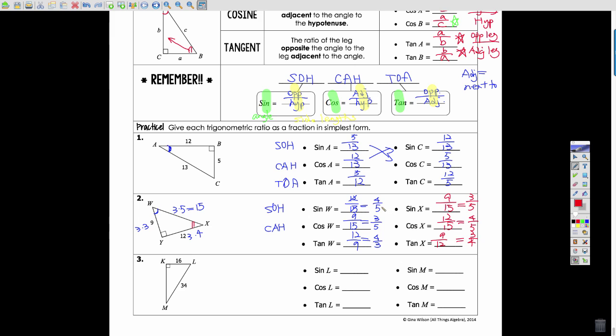Now notice these two match, and these two are reciprocals. So we've definitely accomplished that. Same thing here. You can do this by the exact same method. So do that one on your own.